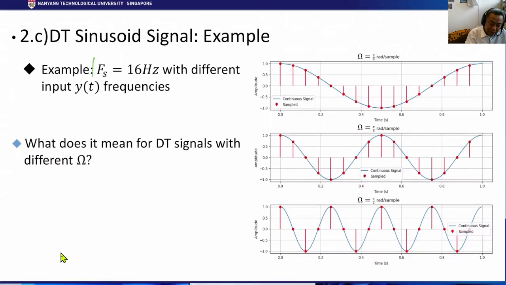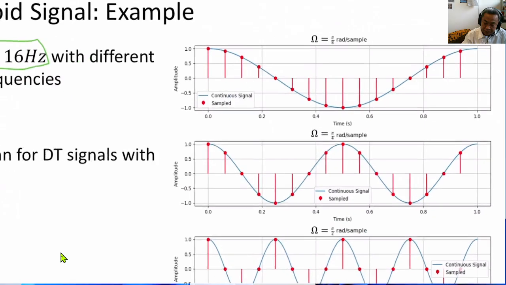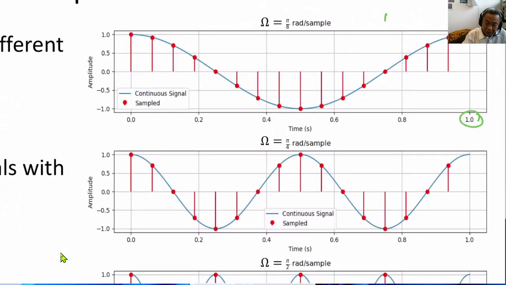So in this example, we begin with fs equals to 16. Here, capital F equals to 1. fs equals to 16 basically means that we are sampling 1 over 16 of a second per sample.